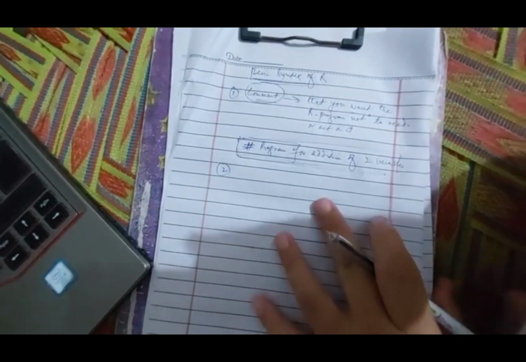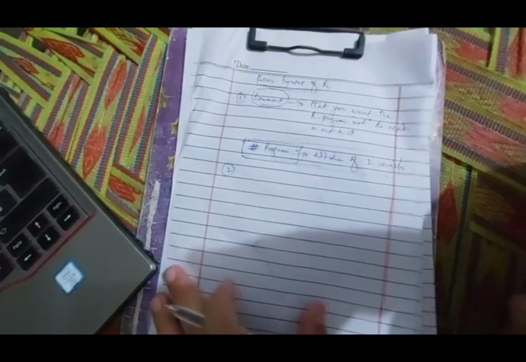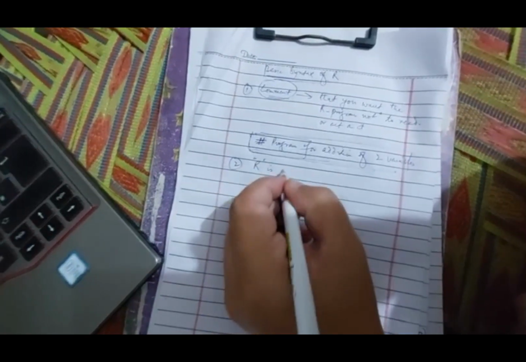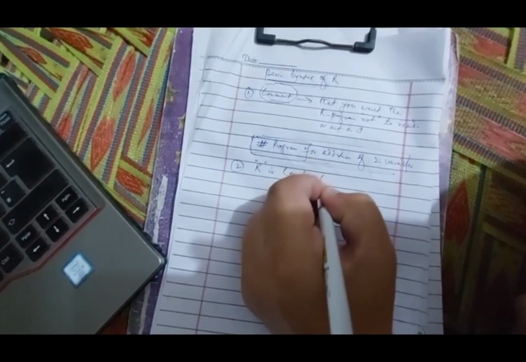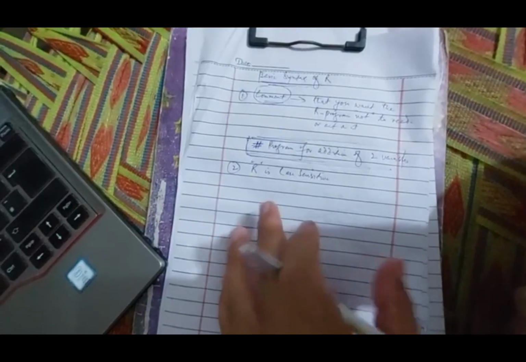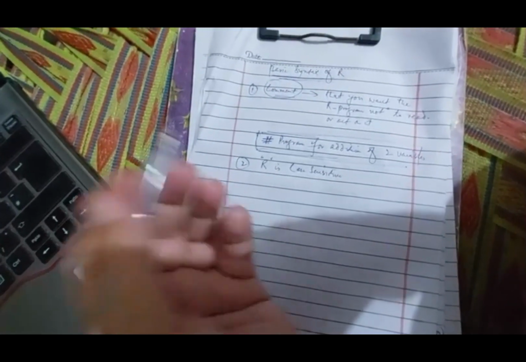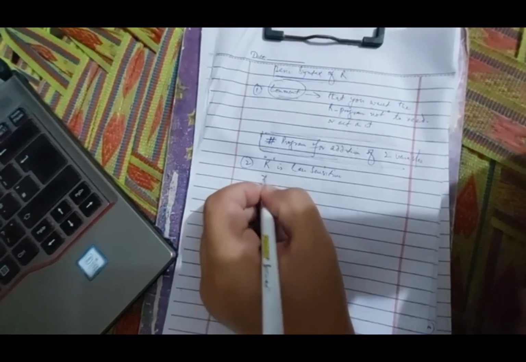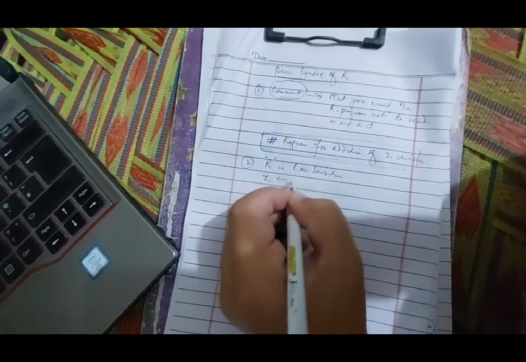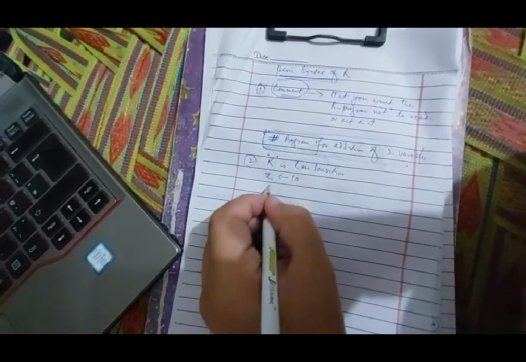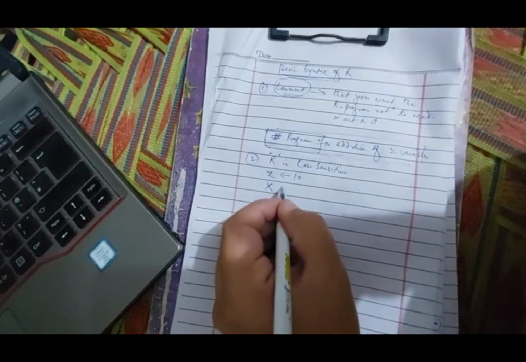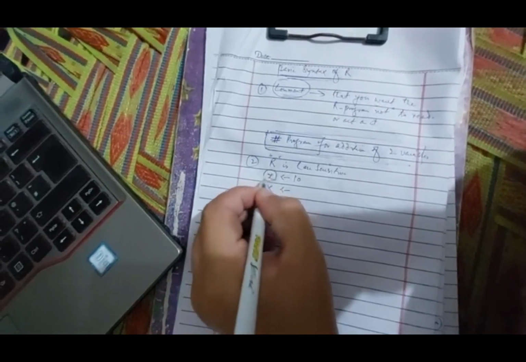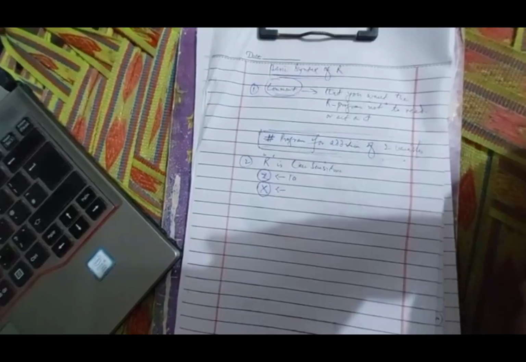Now the second thing in the syntax section is that R is case sensitive. By case sensitive we mean that if I assign a value, for example 10, to small x, and we have a capital X, the R language will understand that this x is different and this X is different.